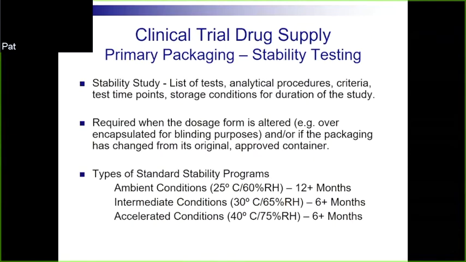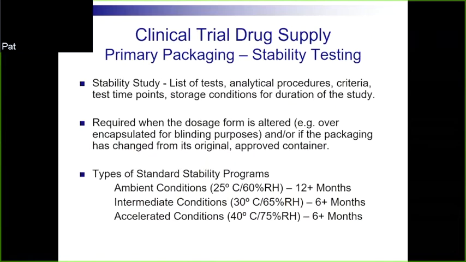So once you open a bottle of ibuprofen that you purchased at the pharmacy, and you decide to over-encapsulate, that original expiration date on the ibuprofen doesn't apply anymore. We have to do additional testing to make sure our over-encapsulation didn't somehow change the integrity of the product.